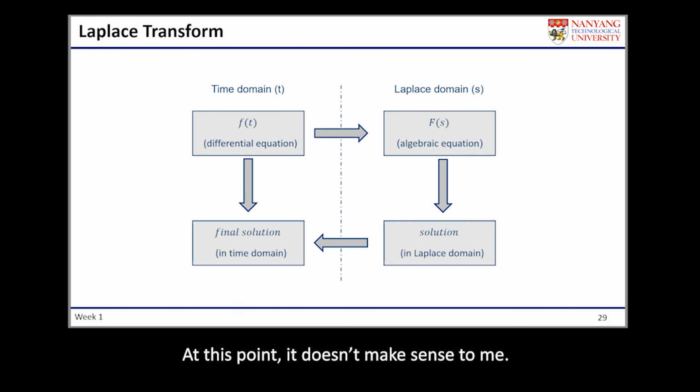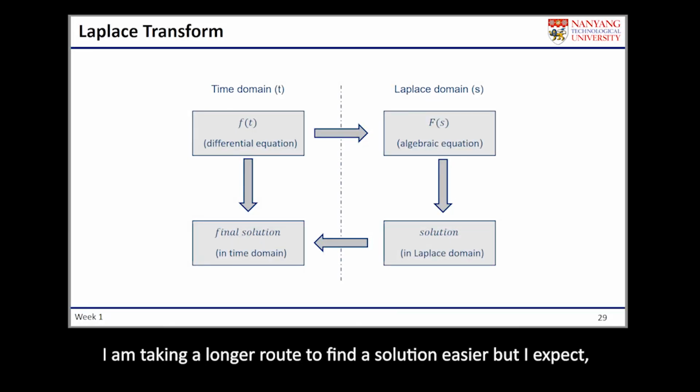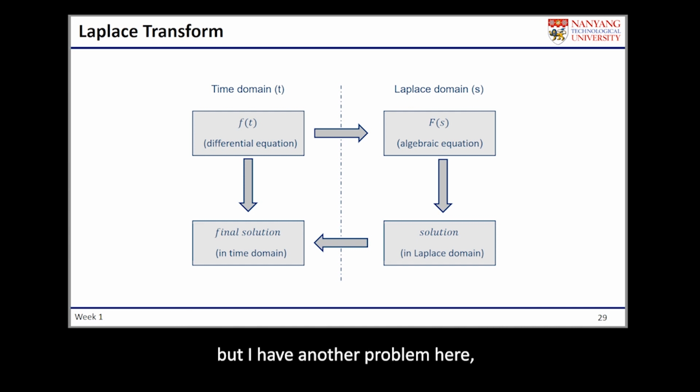But at this point, it doesn't make sense again to me. I'm taking a longer route to find a solution easier. I expect by taking a longer route, the solution will be simpler. But I have another problem here.